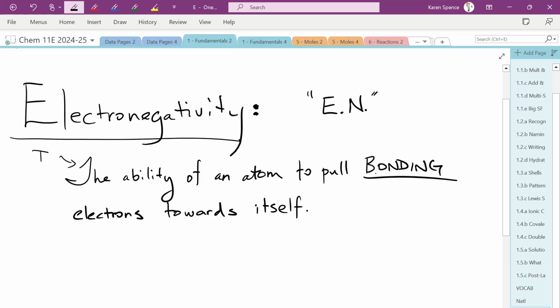Right here. Okay, that's a T. So if you ever see that, that's the letter T.